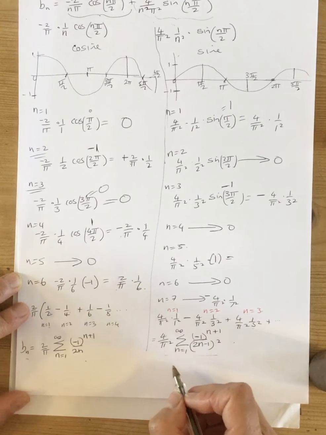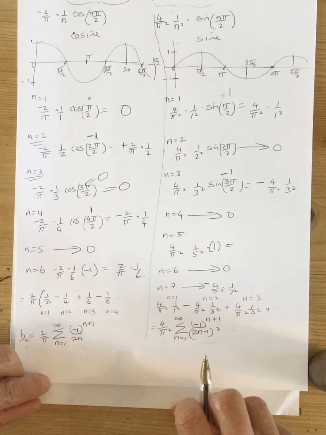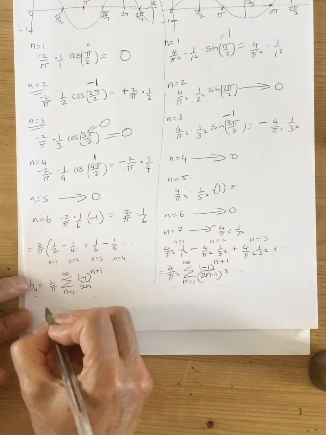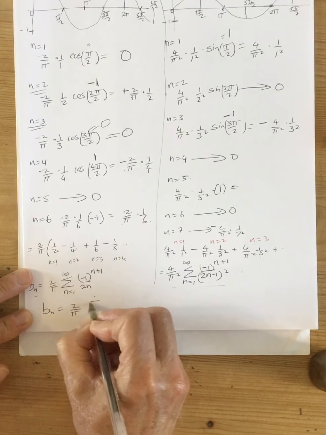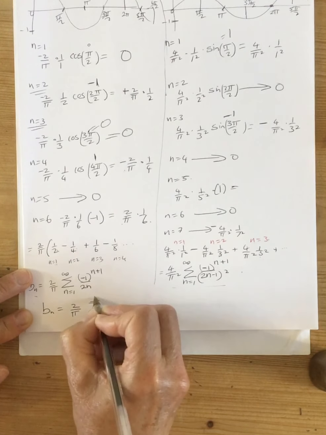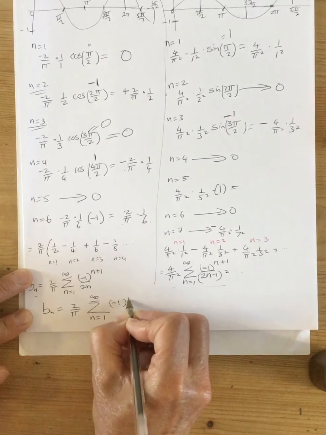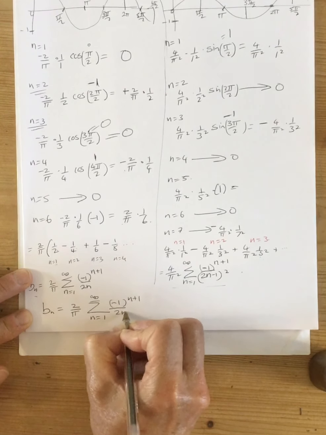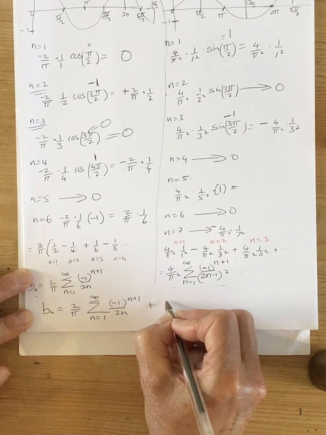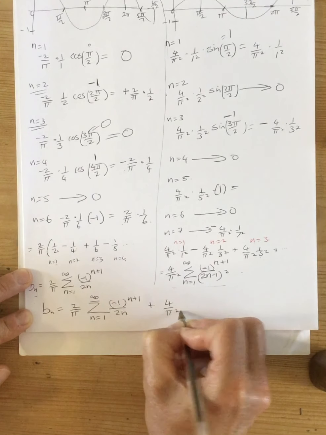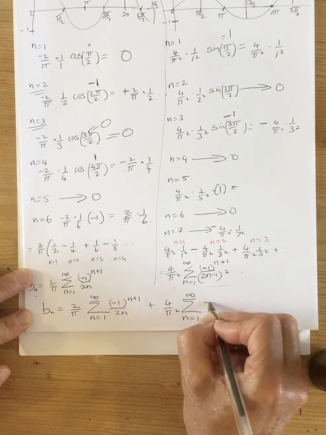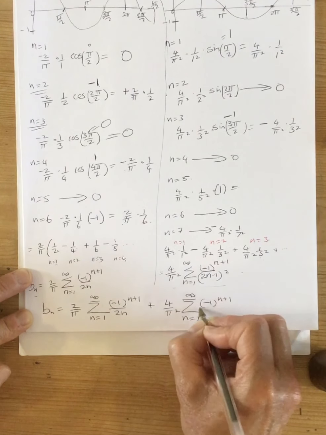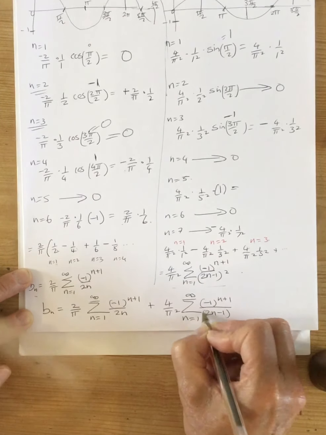So now I have the bn term. I can put these two things together for the bn term, and bn is equal to 2 over pi sigma n equals 1 to infinity of minus 1 to the n plus 1 over 2n, plus 4 over pi squared sigma n equals 1 to infinity minus 1 to the n plus 1 over 2n minus 1 squared.